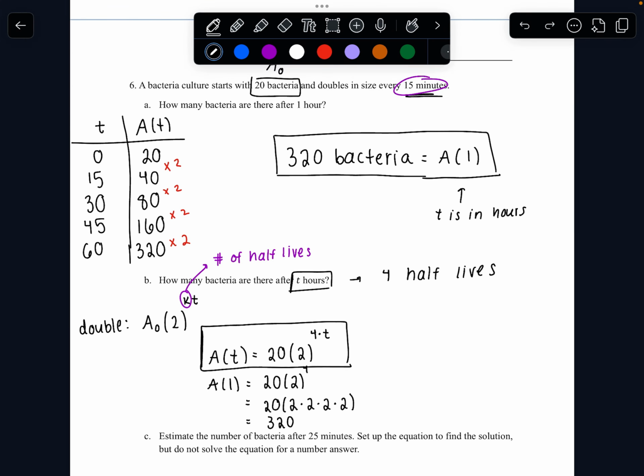So K is greater than 1 if, like going from minutes to hours, your half-life will be greater than 1. But if it was like hours to minutes, then your K value will be less than 1. You might have to do a half or something like that.